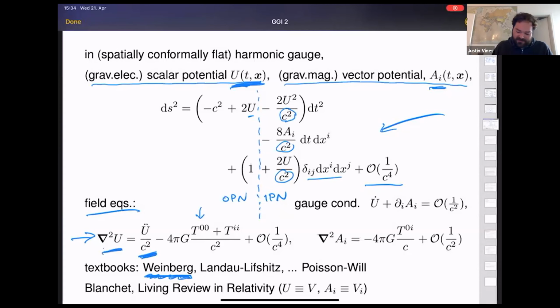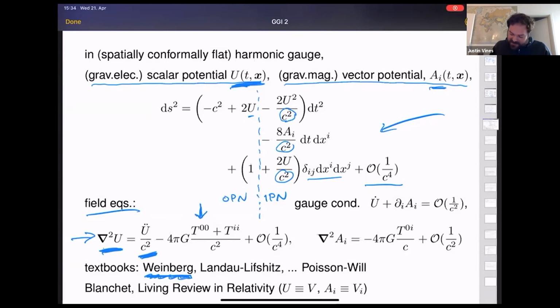In the post-Newtonian way of thinking, we don't put the spatial derivatives and the time derivatives together to make a box wave operator. We treat this one as our 0th order, and this is a perturbation. We'll come back to this. And then an appropriate source, which includes the rest mass density with extra corrections.